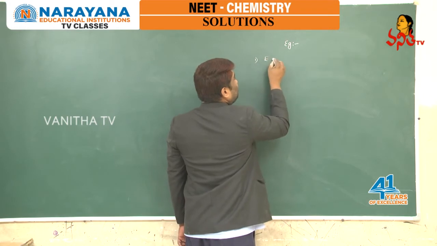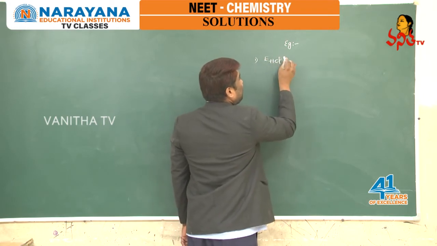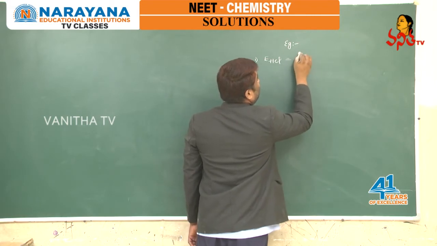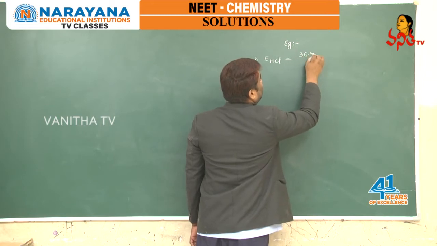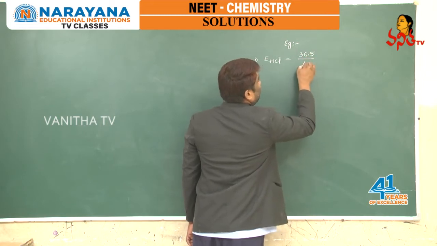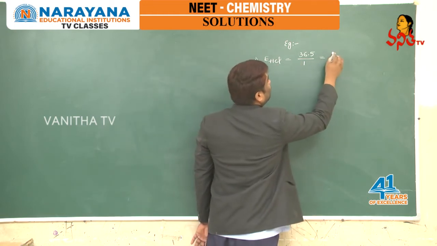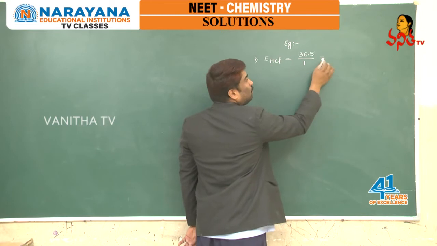Equivalent weight of HCl. HCl doesn't contain any oxygen. Therefore, it is molecular weight by basicity. The molecular weight of HCl is 36.5, and basicity is the number of replaceable hydrogens. Here all the hydrogens are replaceable because there is no oxygen, so the number of hydrogens equals basicity.